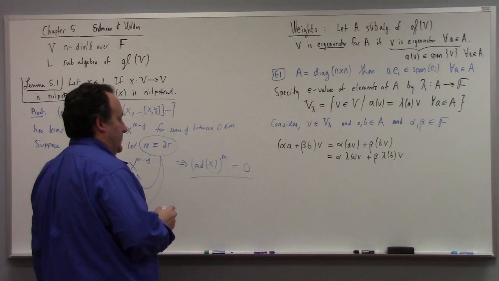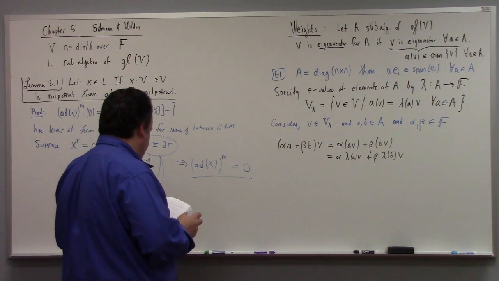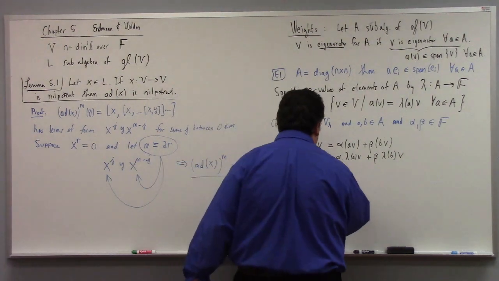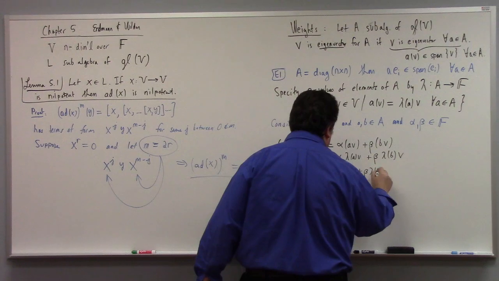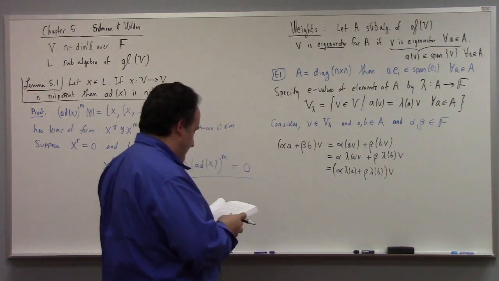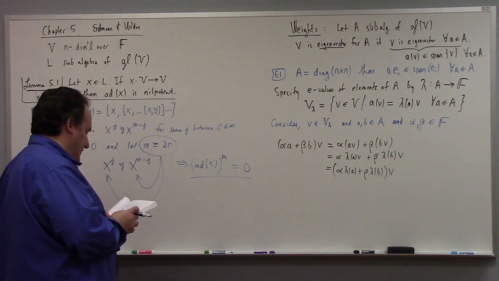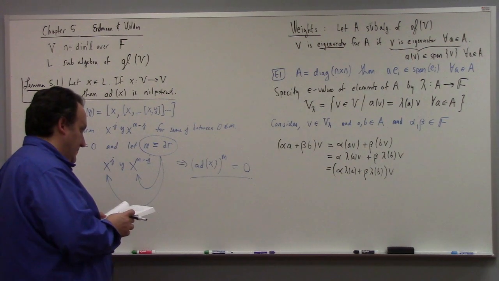And then what? Well, then we can factor the v out, and we get alpha lambda(a) plus beta lambda(b), all times v. All right. He says, so the eigenvalue of alpha a plus beta b on v is what we have pictured there in the parentheses.